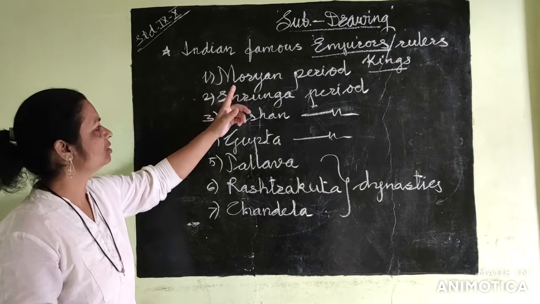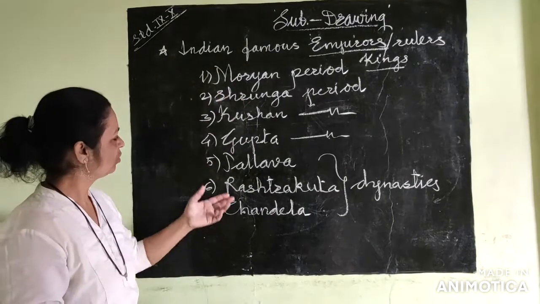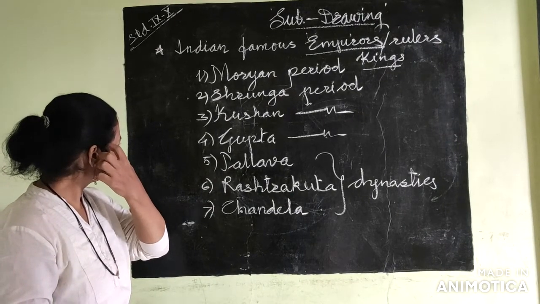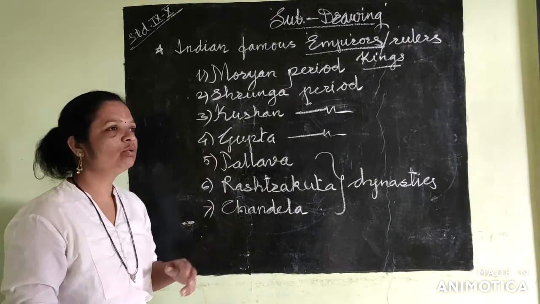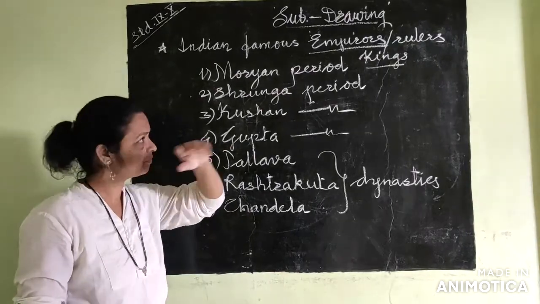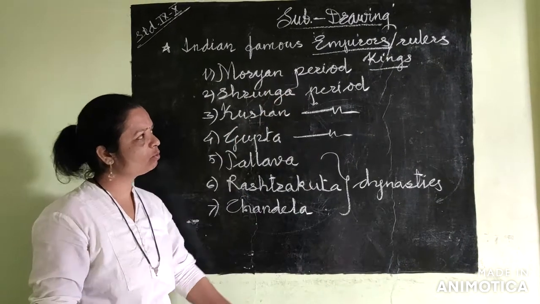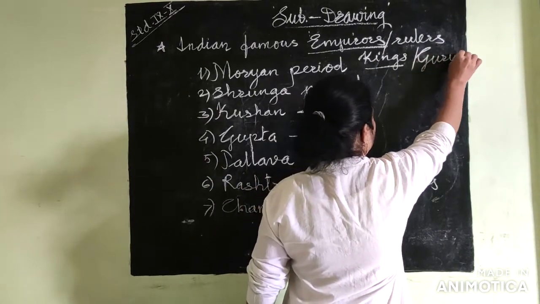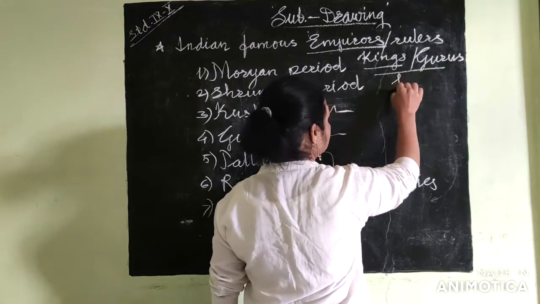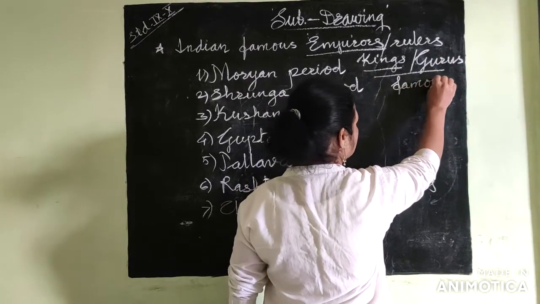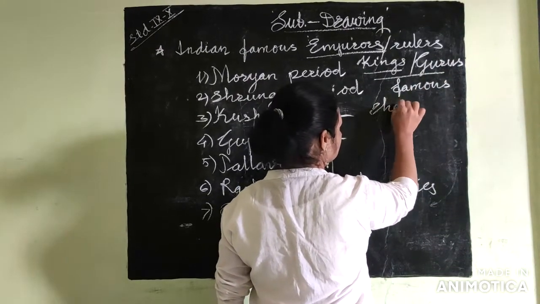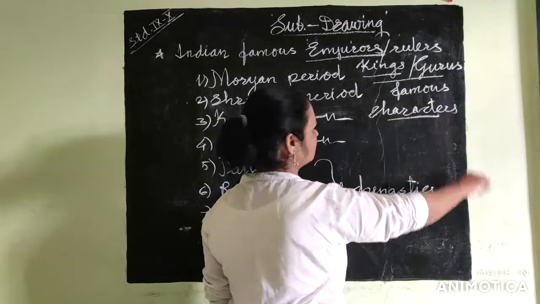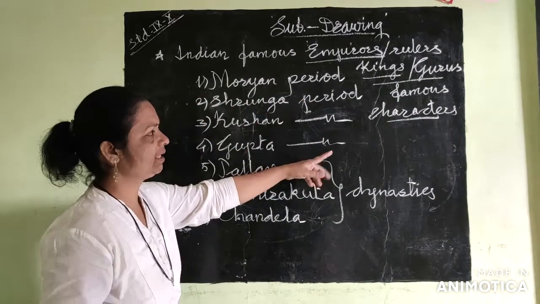For example, Chandragupta Maurya, in the Gupta period. Or related gurus also you can take. So rulers and gurus you can take, or a famous character or artist of that time.